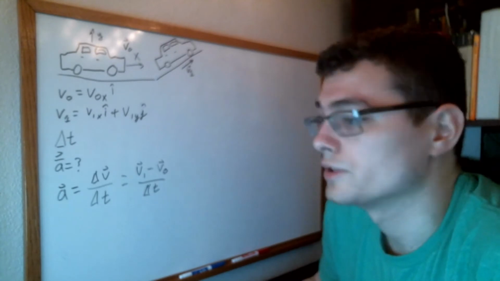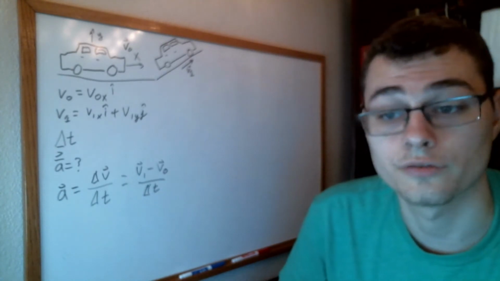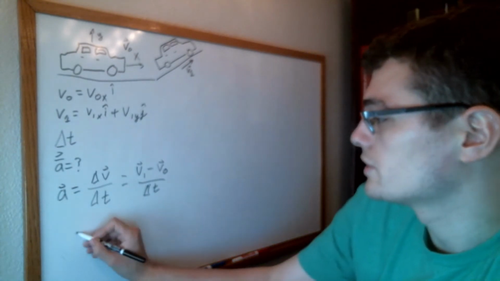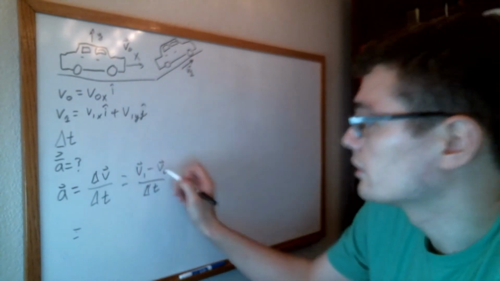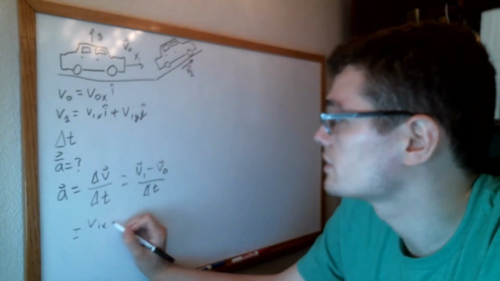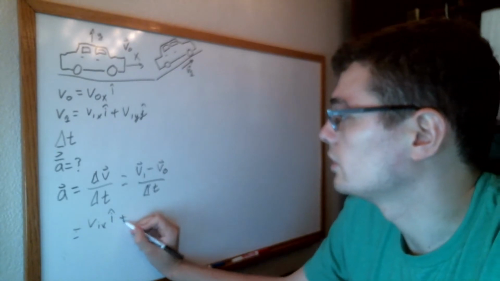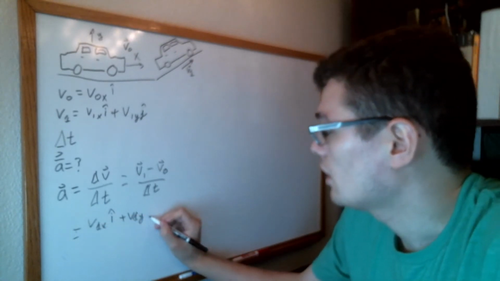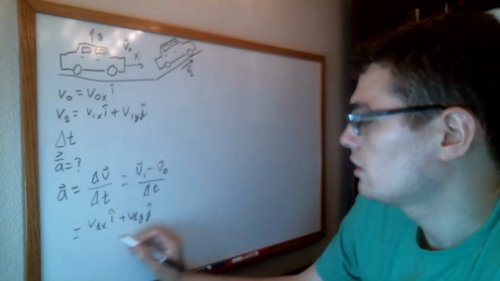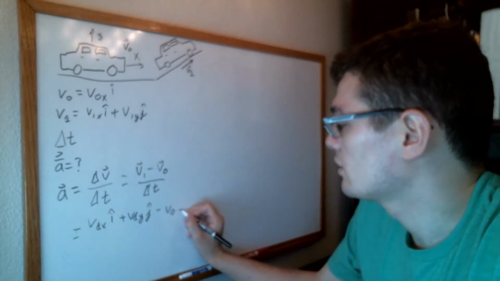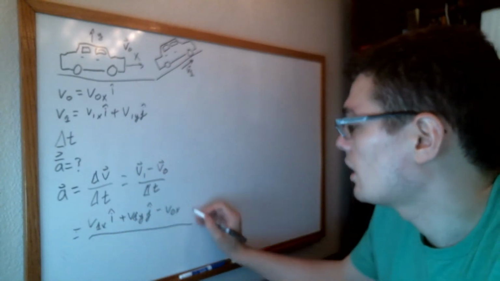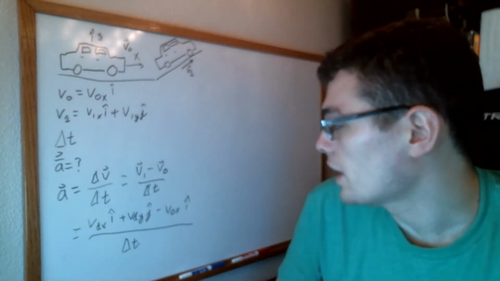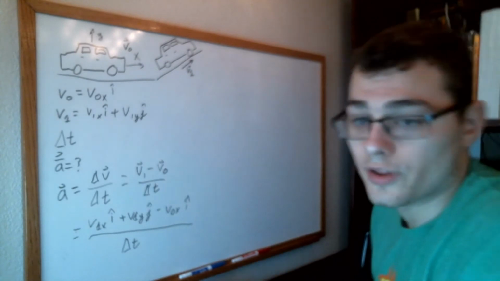Now we're supposed to give this in vector form, with the unit vectors i and j. So we can start plugging these in. We get v1x i hat plus v1y j hat, this is a 1, not an i, minus v0x i hat, all over delta t. Now we just do some rearranging: group all the i terms and group all the j terms.